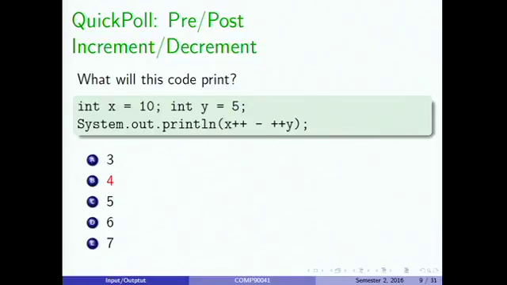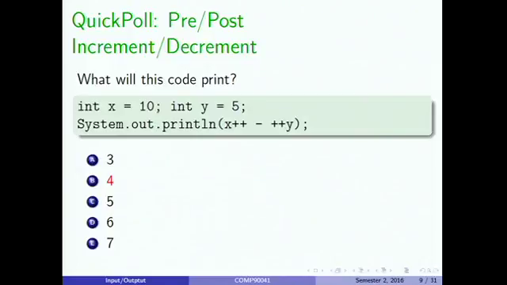So X plus plus, what's the value of that? Exactly. It's 10. So afterwards, X is 11. But in terms of the value, it's just 10. And plus plus Y, what's the value of that? Y is 5, plus plus Y is 6, and now Y is 6.